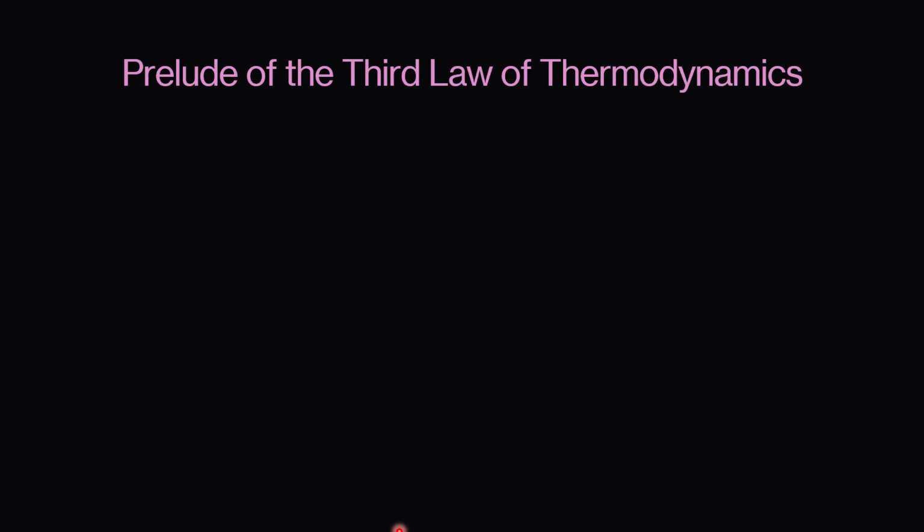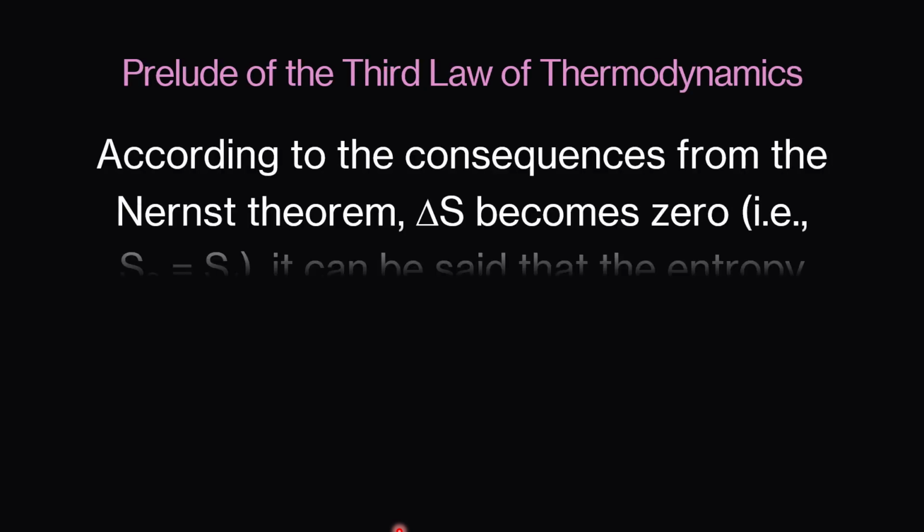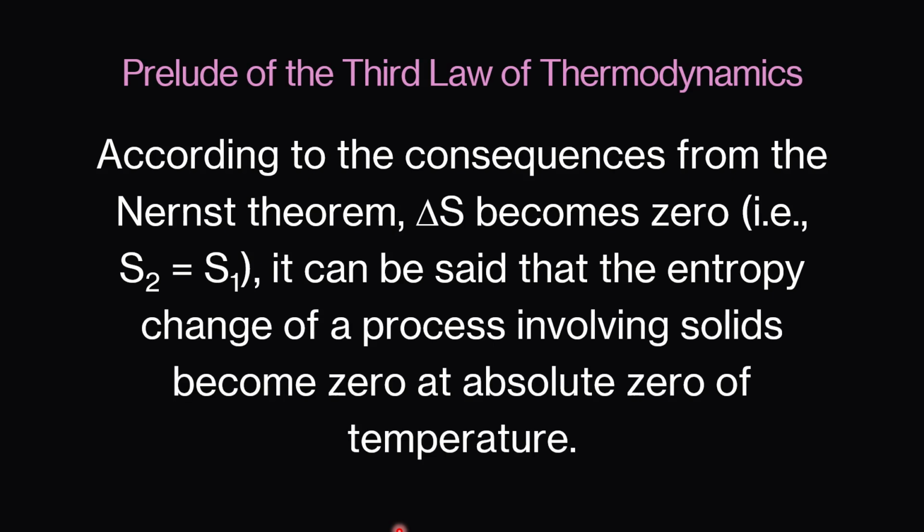And the prelude of the third law of thermodynamics, according to the consequences of the Nernst heat theorem: delta S becomes 0, that means S2 becomes S1. It can be said that the entropy change of a process involving solids becomes 0 at absolute 0 of temperature.